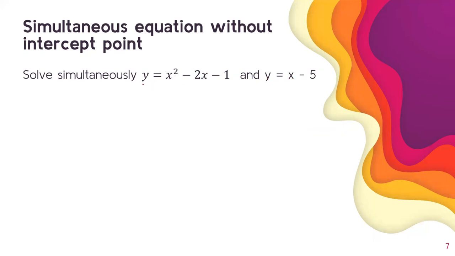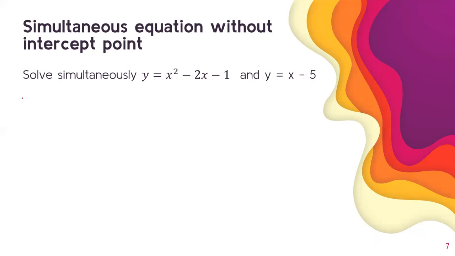If we draw this parabola and this straight line, we can find the intercept point, because these equations are simultaneous equations without an intercept point.